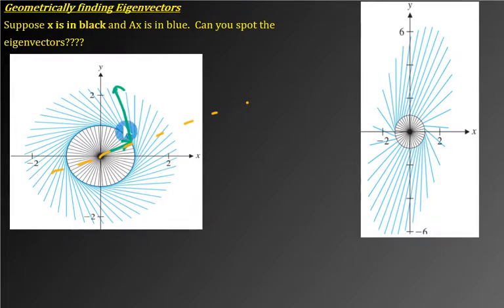This is clearly not in that line. So this is not an eigenvector, because Ax doesn't equal a scalar times the original one, right? And if you look around, all of them do this. So this is a problem that has no eigenvectors, which can happen.